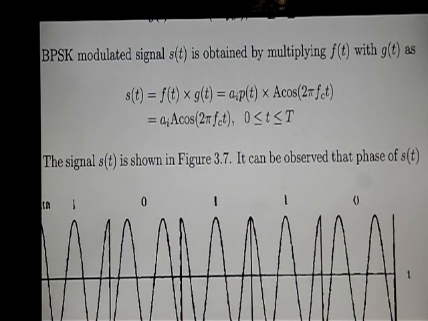So you can see that p of t is unity, it is 1. So we ignore it in our expression, and we simplify our expression in this form.